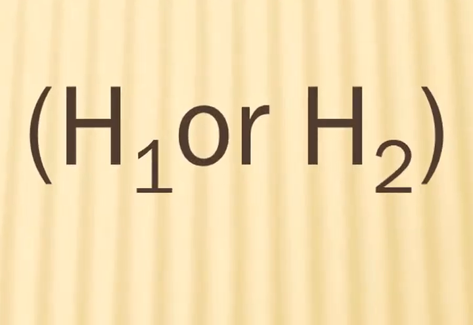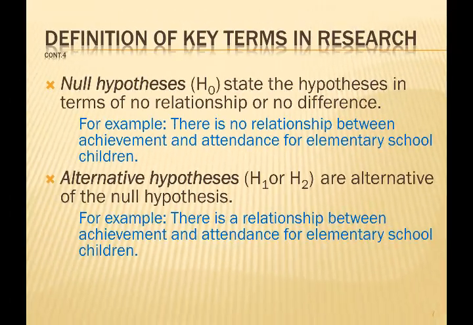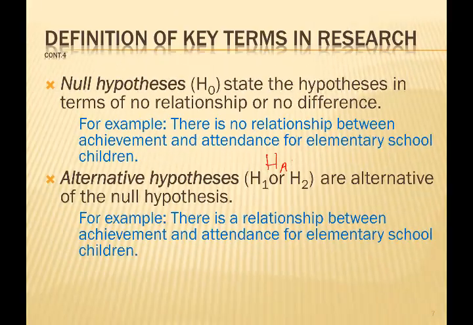We use the symbols H1 or H2 and so on for multiple alternative hypotheses, but for the purpose of this discussion, there's going to be one alternative hypothesis. So we're going to use the symbol HA, right? Hypothesis alternative. So keep in mind that the alternative hypothesis is a direct opposite to the null hypothesis.